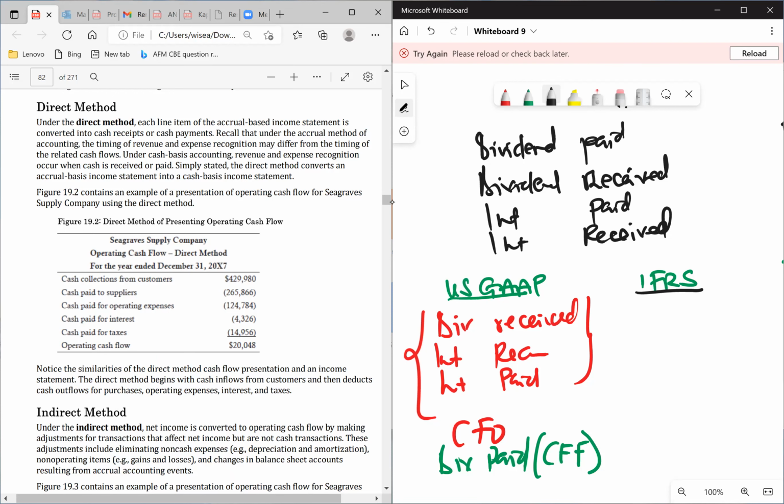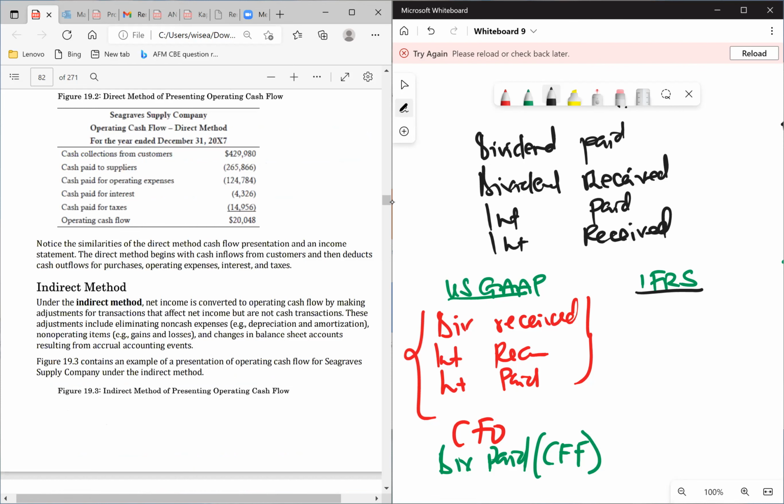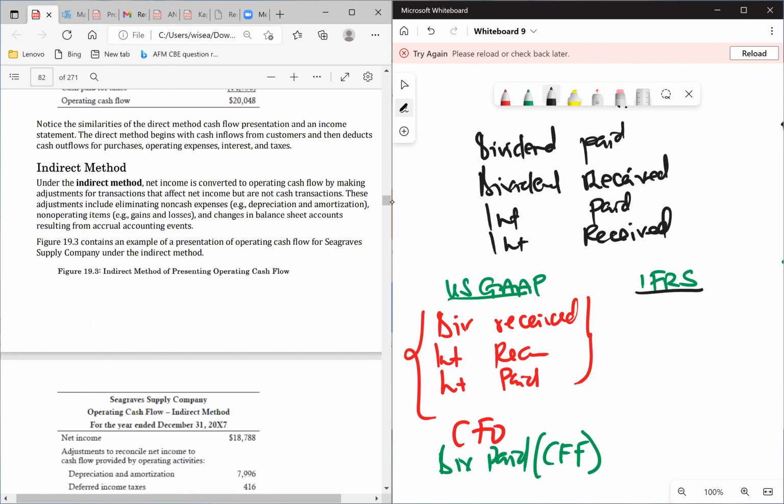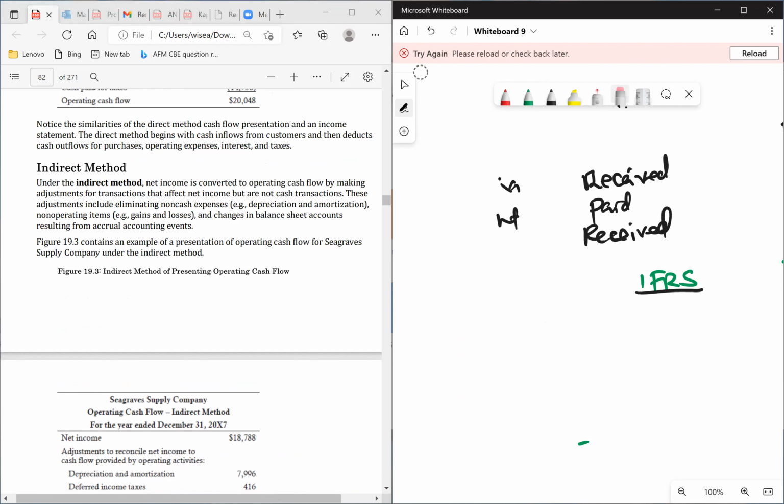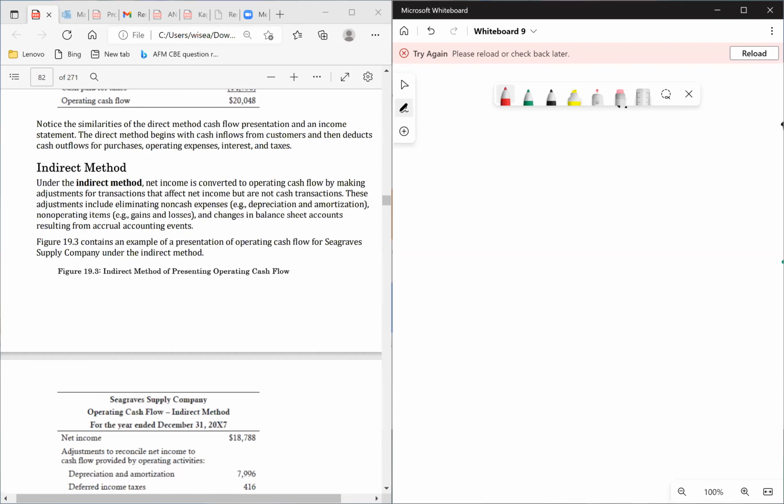Now, the indirect method, that is where the issue is, and that's where you have to pay attention a lot. The indirect method tries to use the income statement and then prepare the cash flow from that income statement. For the indirect method, the operating cash flow usually starts from what?